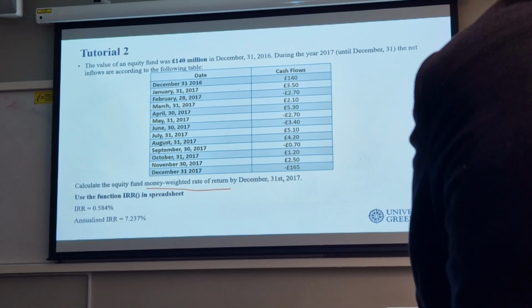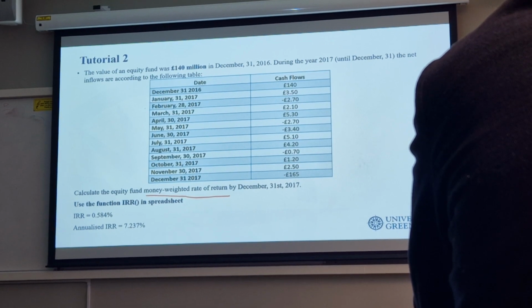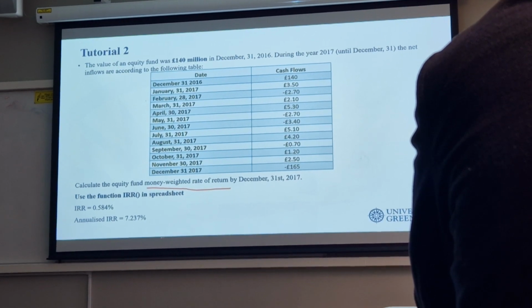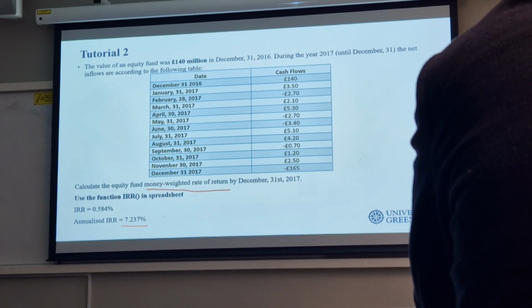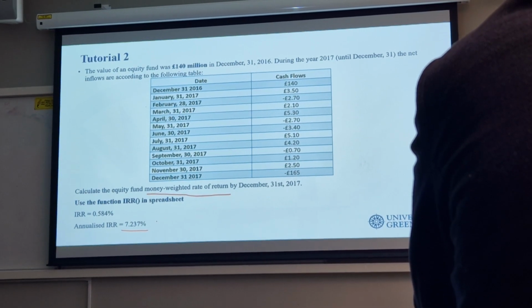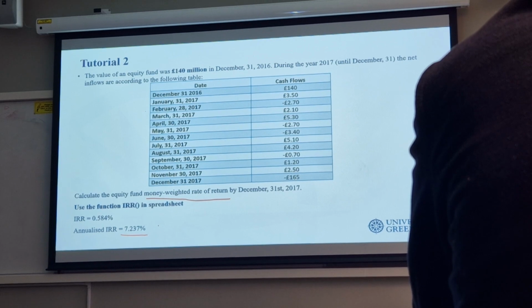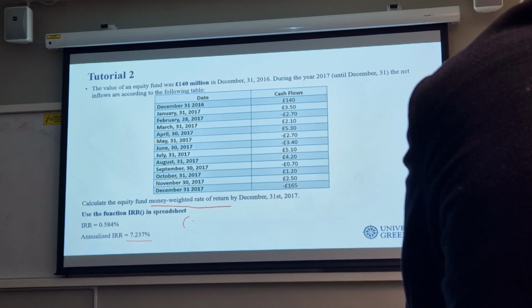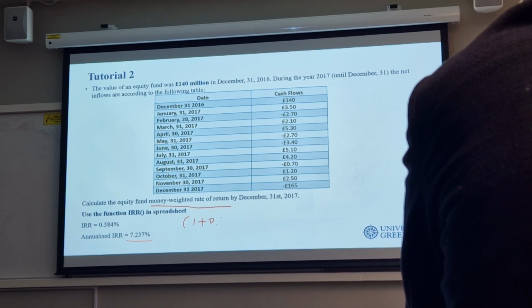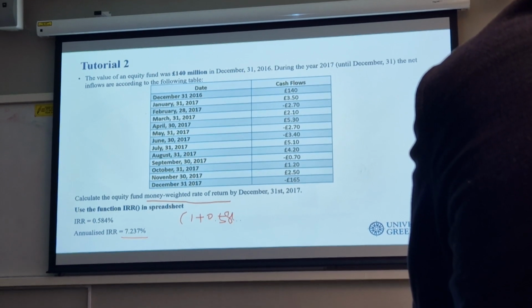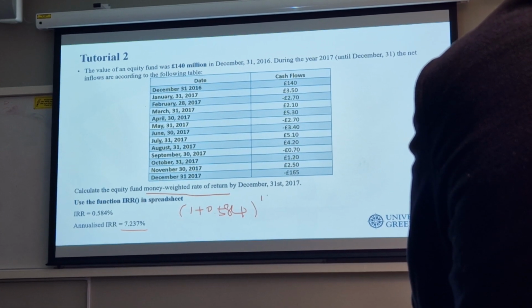Then we can convert it to an annualized return, 7.237. You will remember how to do that. You calculate and annualize the return, just as we did in the coursework, to the power of 12.